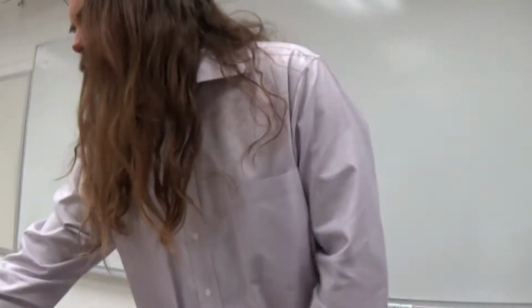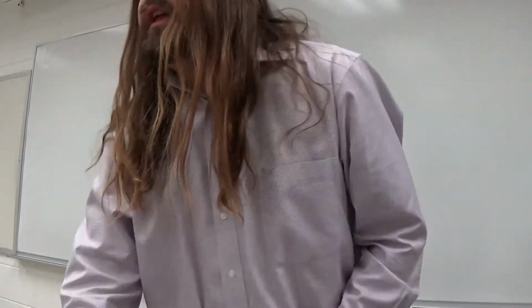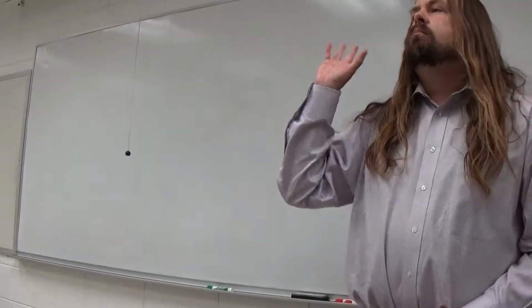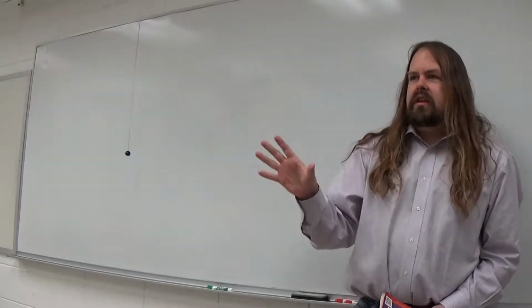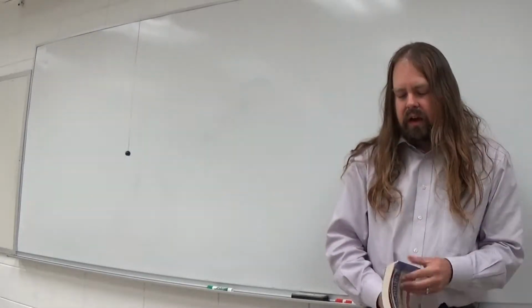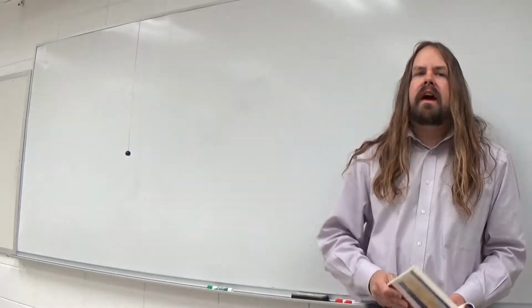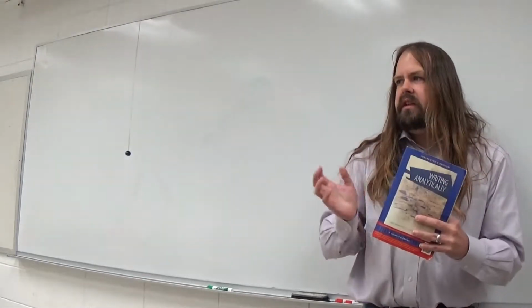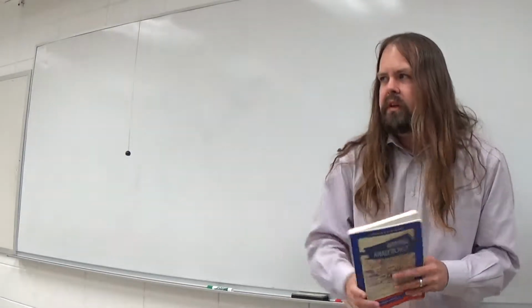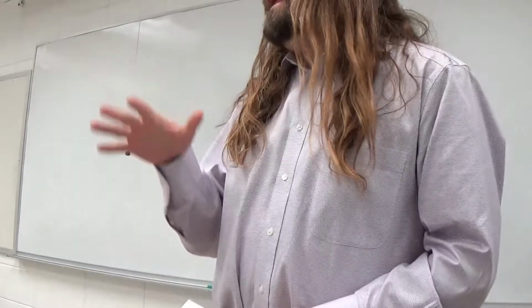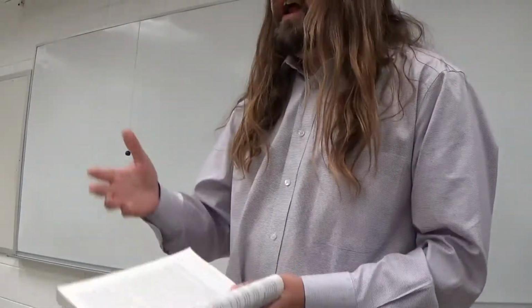Right, so first order of business today. While I still have your undivided attention, more or less undivided, I hope, I do want to remind you, you have a homework assignment. It's in the Writing Analytically textbook for Thursday. What you are going to do is select a visual image and write a short analysis of it.